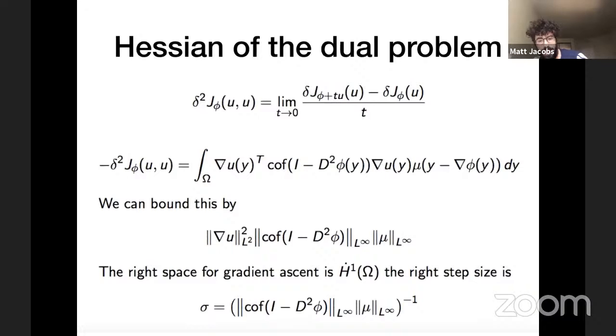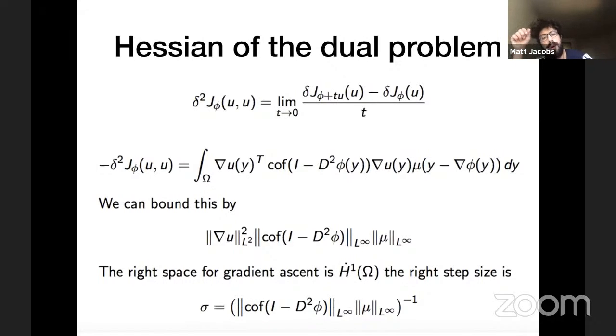The only issue is you can see here that I'm bounding these other 2 terms that show up in L infinity. And in a lower dimensional problem, that's not such a big deal because you're probably working with some measures that are pretty nice. This looks a little bit more dicey in really high dimensions if, say, your measure mu is something singular that's concentrating on a lower dimensional set.